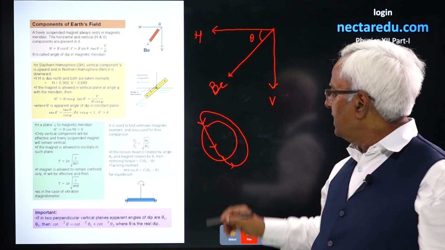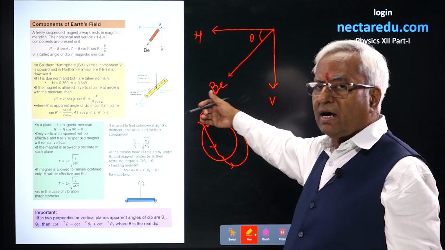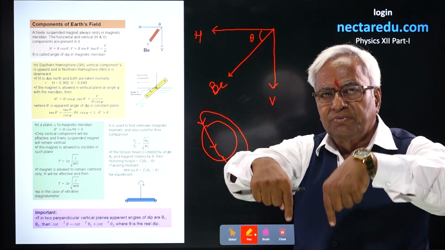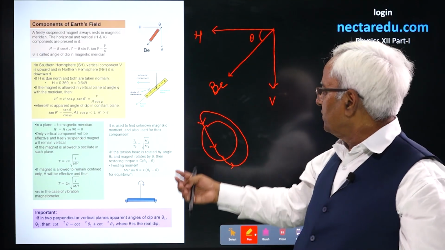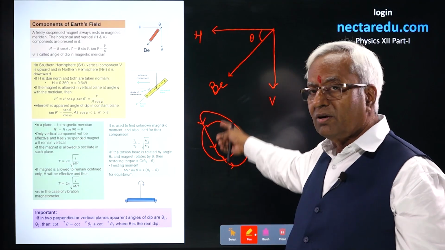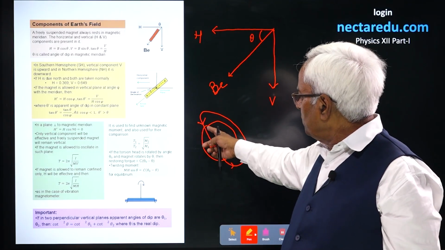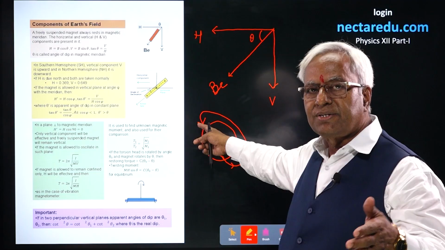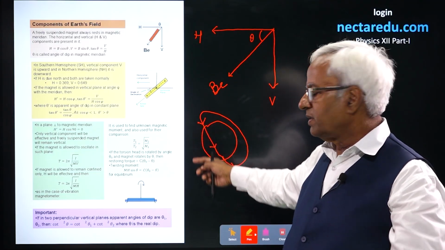So, you could easily say in geographical north, the vertical component is vertically downward. Obviously, it's a little inclined, not exactly vertical here along geographical north-south, but if you observe from this very location, it is vertical and vertically downward.